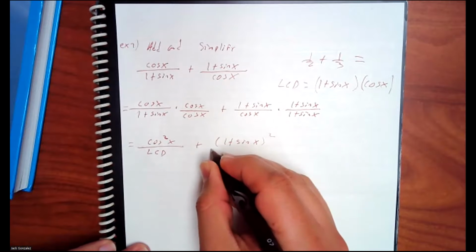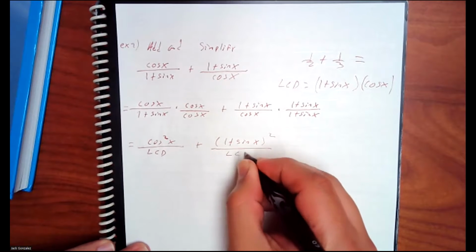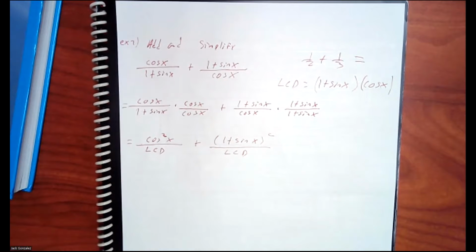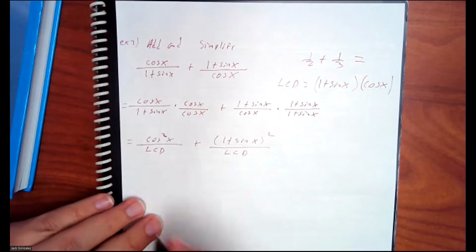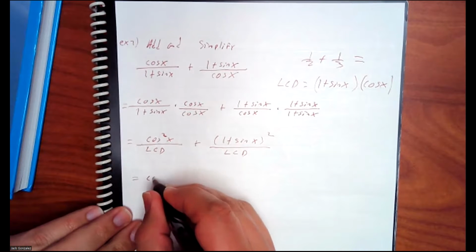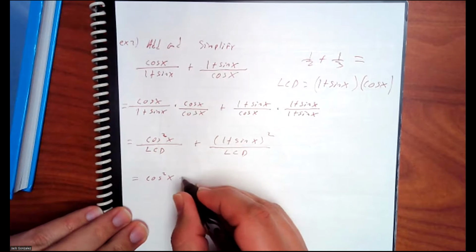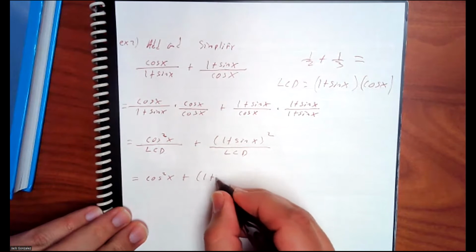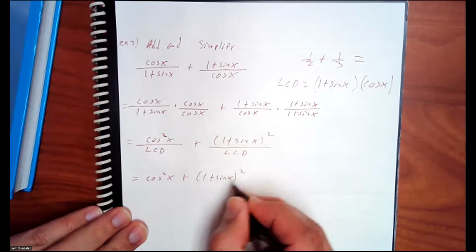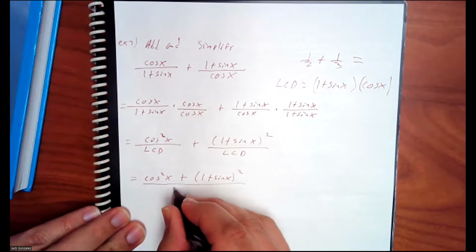For now, we'll put it back in a second. Now that they have the same LCD, you can add the top part. So that'll be cosine squared plus this nonsense over LCD.